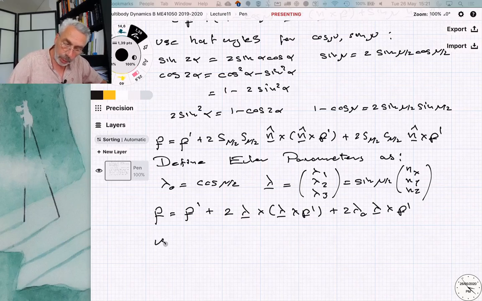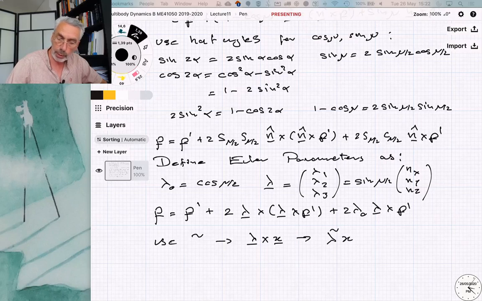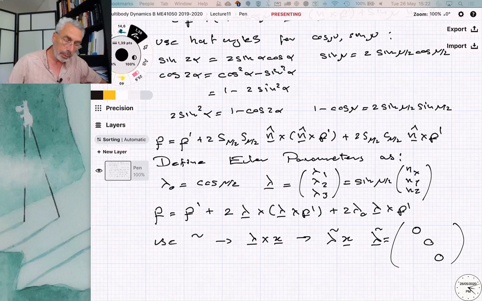Now we're going to use, of course, this tilde notation in such a way that if we say lambda cross product with x, we're going to write it as lambda tilde times x, where lambda tilde is this matrix: 0, minus lambda 3, lambda 2, lambda 3, 0, minus lambda 1, minus lambda 2, lambda 1, 0, this tilde matrix.